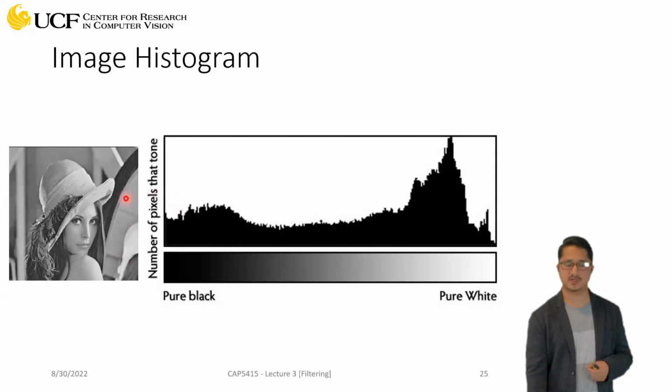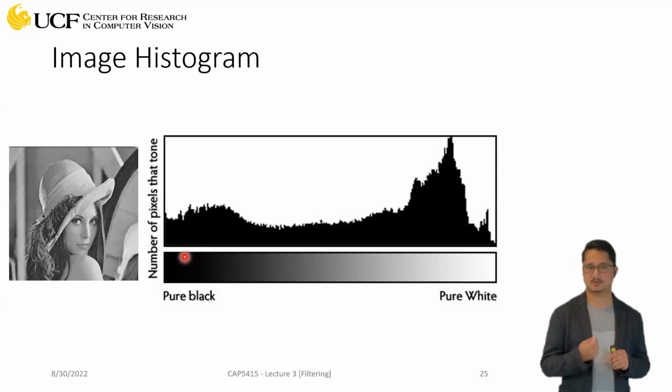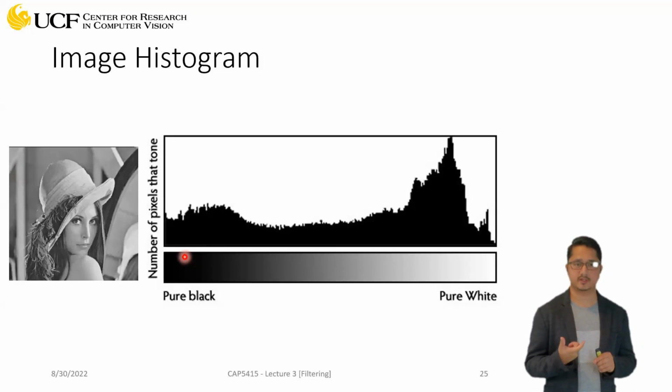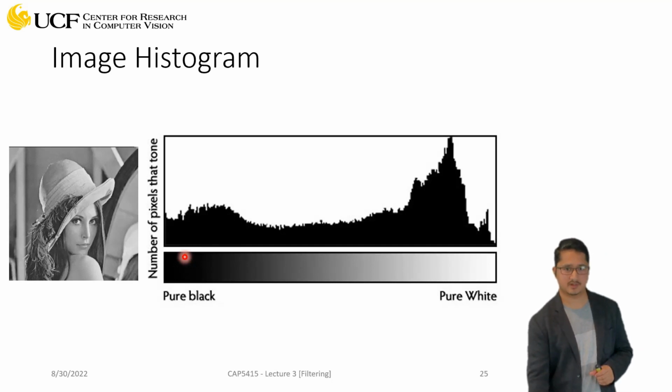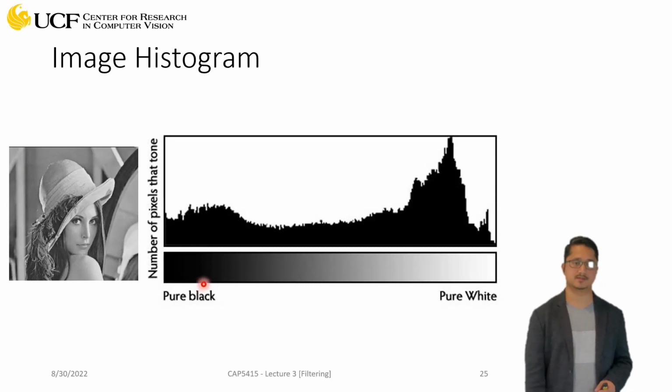Range means, what are the values of these pixels? And what a histogram represents is, it will just count how many times a grayscale value is occurring in this image. Okay, so that's a very simple definition of a histogram. Let me try to explain this using this example.